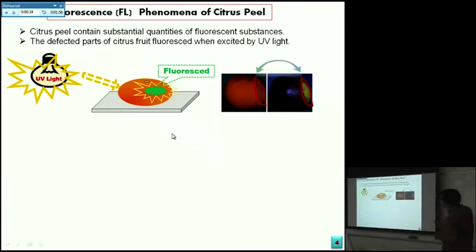If you see here, when excited by UV light, the damaged or defective area fluoresces with a greenish color. So that means fluorescence can be visible in the visible region of the spectrum.